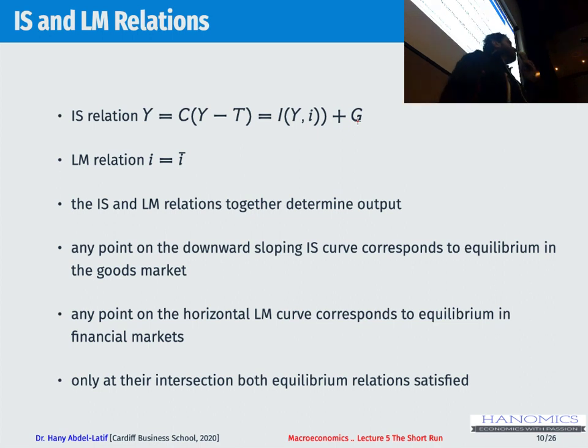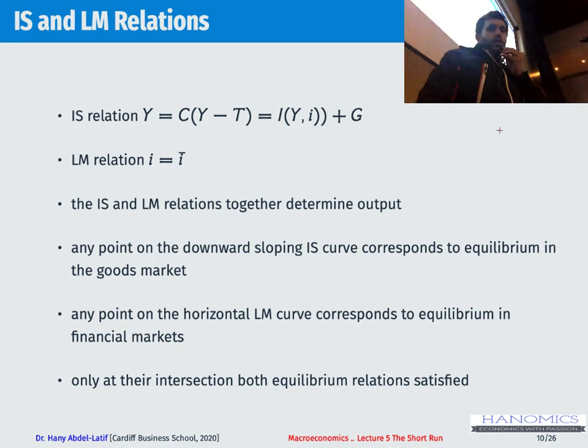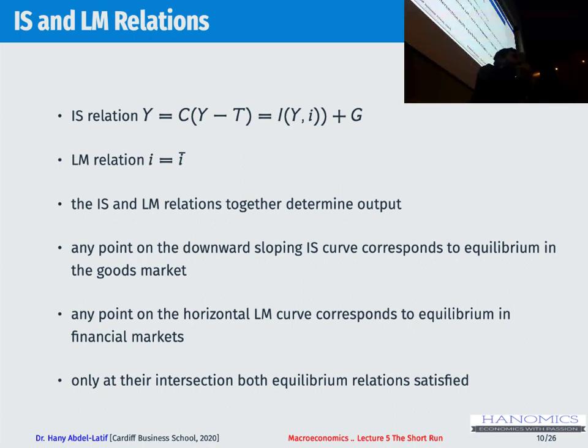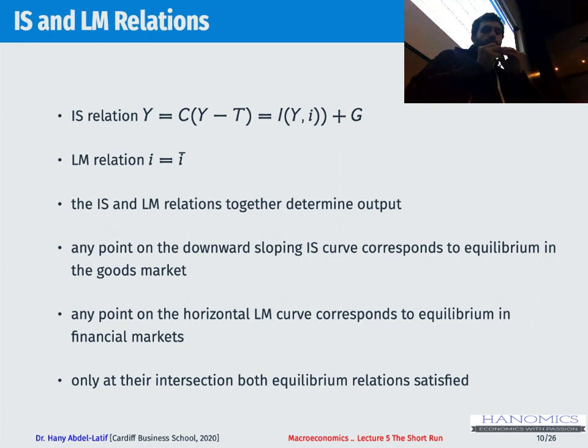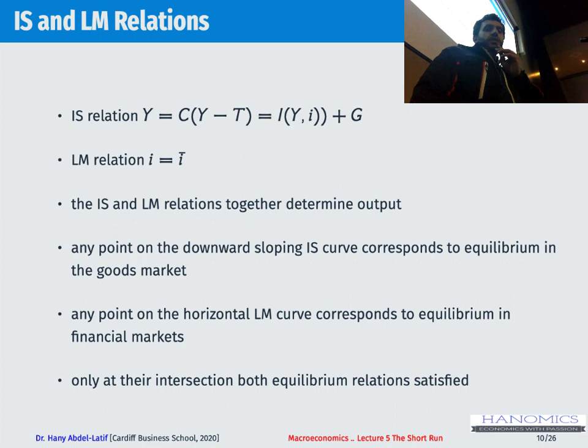On the other side, given that our LM curve is horizontal because, as we explained, central banks choose the interest rate, it is given by the central bank. That's why you see i equal to i bar, because this is some level of the interest rate that is given by the central bank.